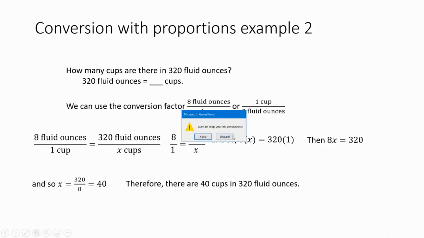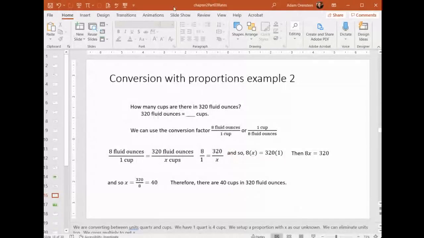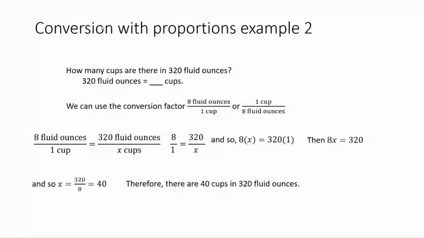Okay, sorry, I pressed the wrong button twice. So we want to be consistent with our units. If I'm going to use the first one, 8 fluid ounces per cup, that's from the conversion factor. For the other ratio, from the question itself, we have 320 fluid ounces, but how many cups do we have?